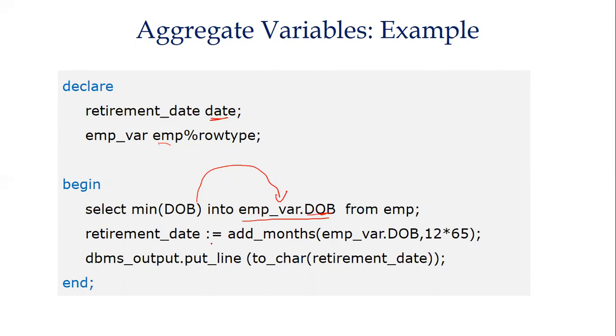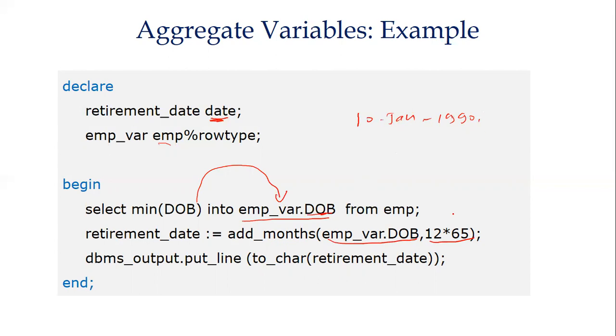You can assign the value by using a column, like retirement date, which is of date type. The date value you have computed by using this add months. What does add months do? We have to fetch the date of birth of the employee and then add the months. Suppose the date of birth is 10th January 1990. Is that okay?